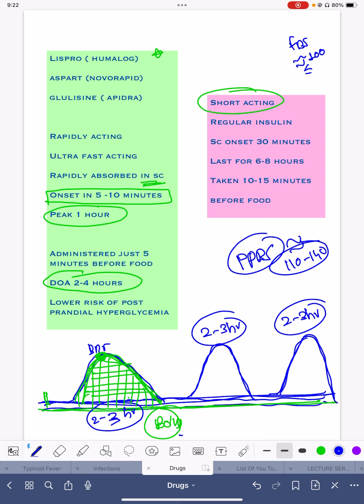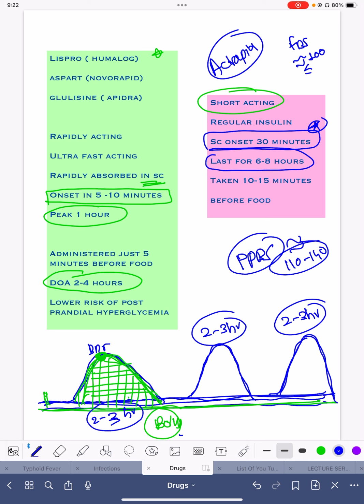So what actually happens is that regular insulin, like injection Actrapid, starts its action within around 30 minutes. It peaks at around 2 to 3 hours, and the activity of this regular insulin lasts for around 6 to 8 hours.